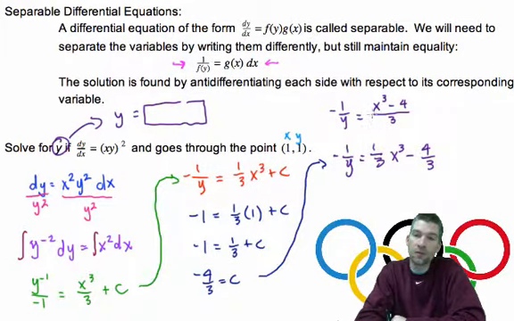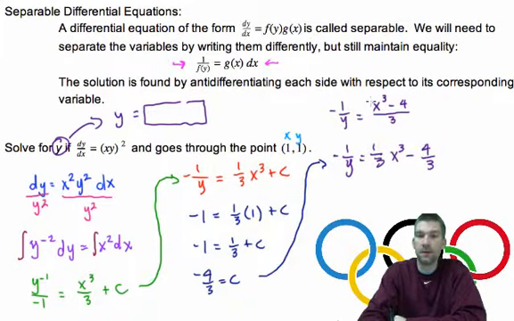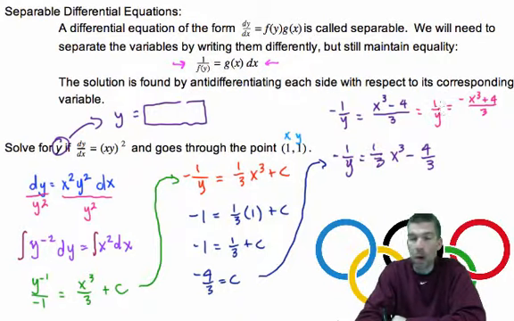And if this is a true statement, then I can get rid of the negative by moving it to the other side. So now this is going to give us 1 over y equals negative x cubed plus 4 over 3. And to deal with the reciprocal part, so I can just have y equals, I need to get y in the numerator.